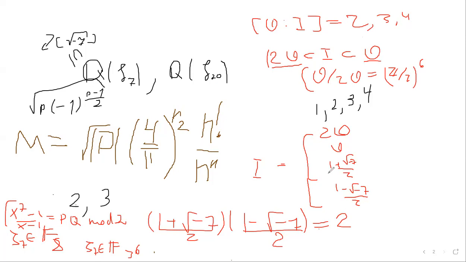So then 3, we know that 3 doesn't split, so we shouldn't care about 3, right? Because 3 will always be principal. It was principal in Z, and hence it will be principal here as well.